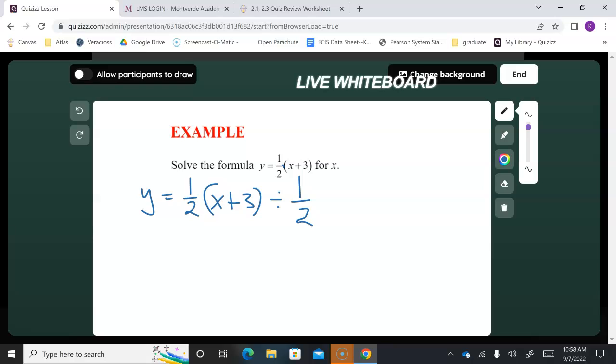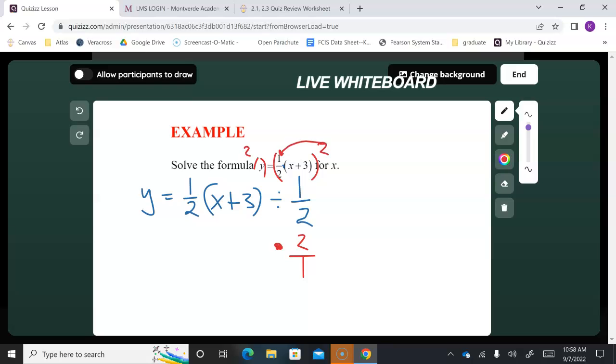Okay. But when I divide fractions, I don't actually do division of the fraction. I rewrite it as multiplication of the reciprocal. So instead of doing divide by 1/2, I can just multiply both sides by 2.